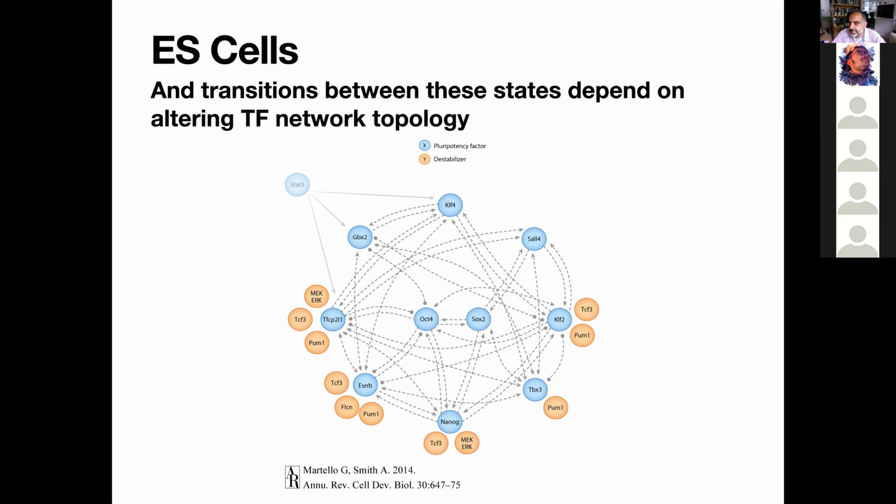If anyone has an idea what it could be, and what you would want to look at first if you're thinking about, say, a naive state embryonic stem cell and an epiblast stem cell, the primed pluripotent stem cell, what would you want to look at? What would you think is defining its potency? Does anyone want to hazard a guess?